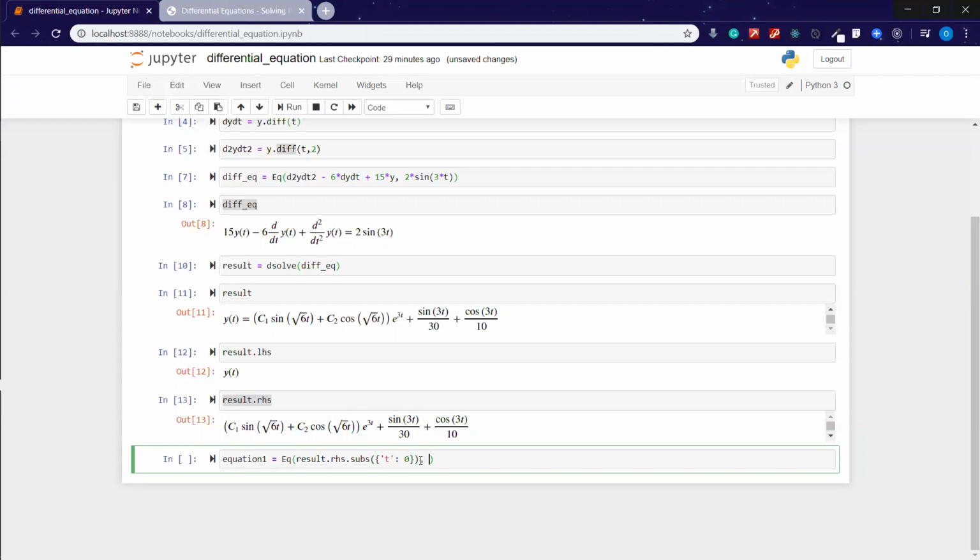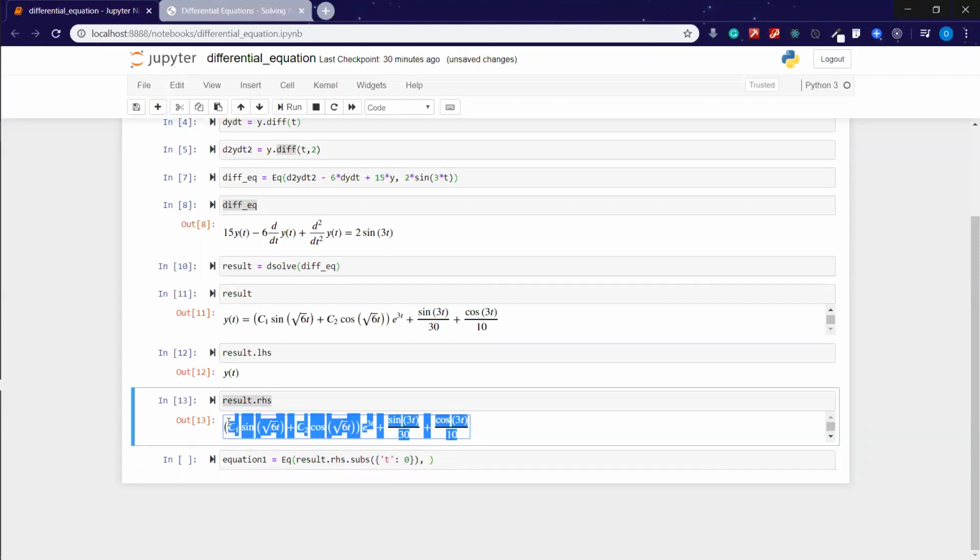So as you remember, when we are using EQ, we have left-hand side and right-hand side, right? So the left-hand side is everything I have here, which is just the whole of this equation with t as 0.